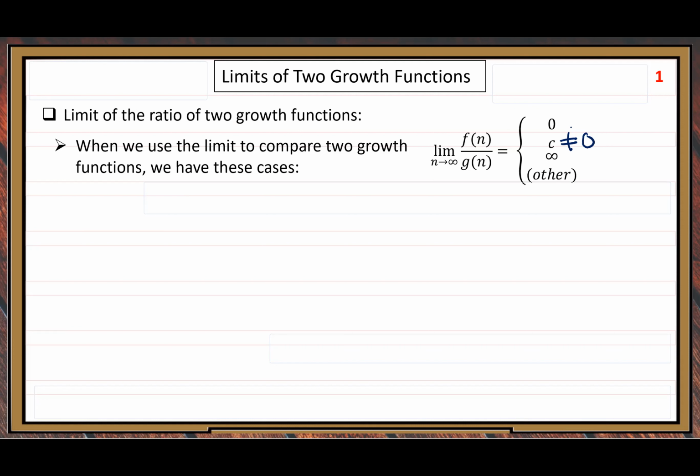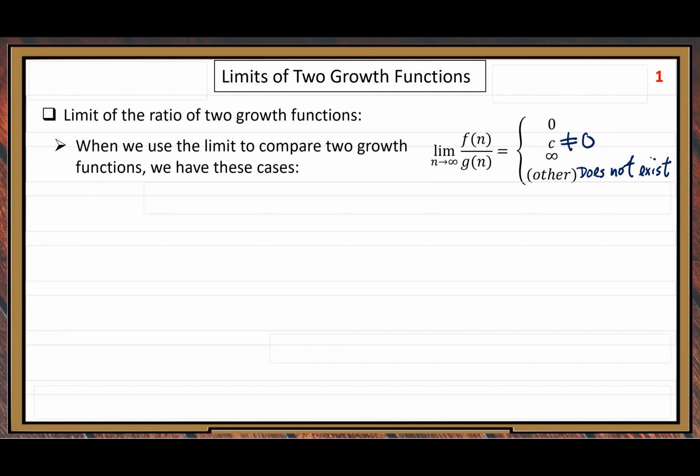The last case, other than the first three cases, we have one special case. The limit does not exist. It's also possible, right? It's different from the above three cases.